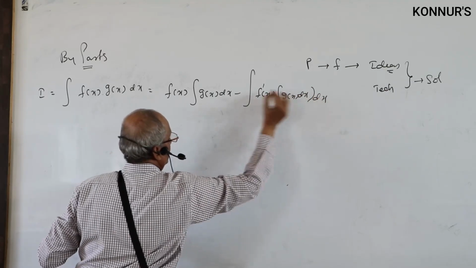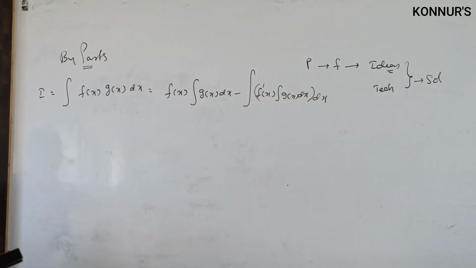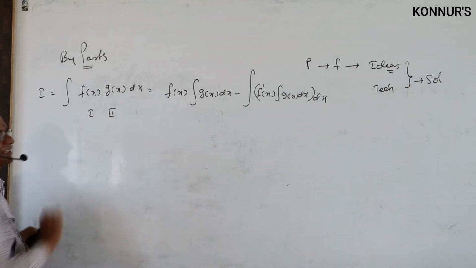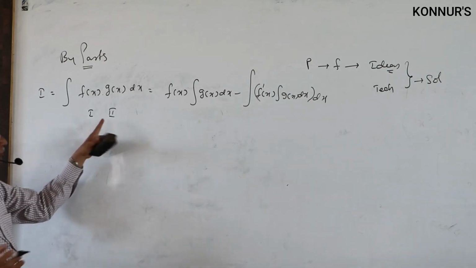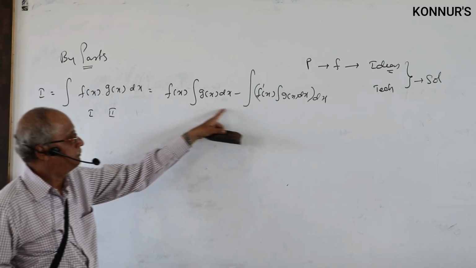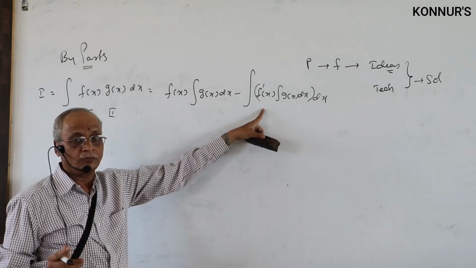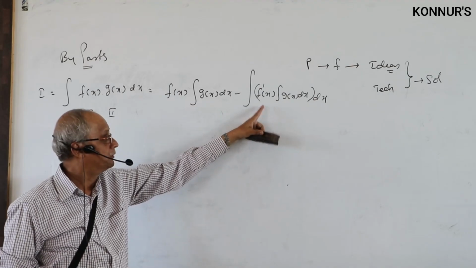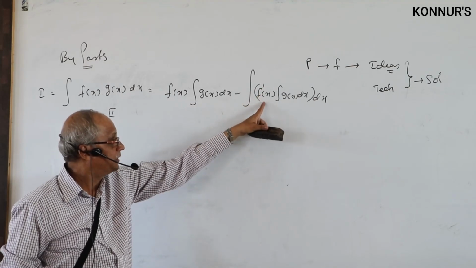This is actually the formula. Some people also give alternate notations called first function and second function, or u dv, also possible. This is better: first, second. While applying by parts, there should be meaning. You cannot blindly select any one.